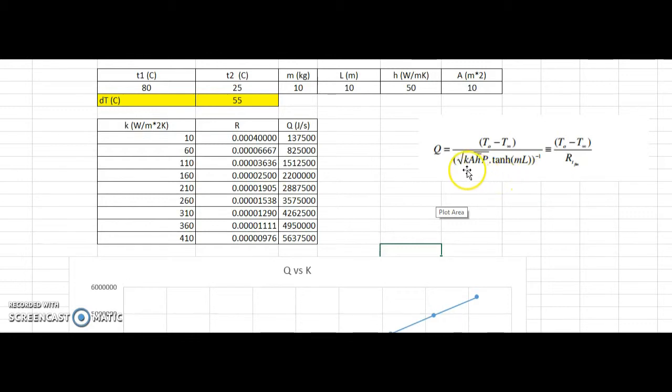R is given by this equation: 1 over, okay, so we have k, we have area, we have h, we have m, and we have L. We insert everything and then we get the first value of R for this value of k, which is 0.0004.